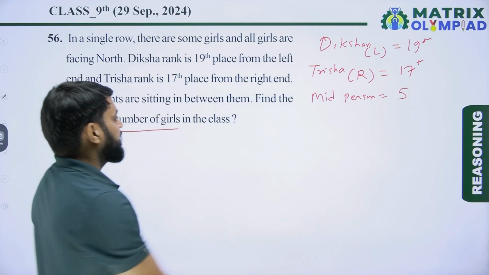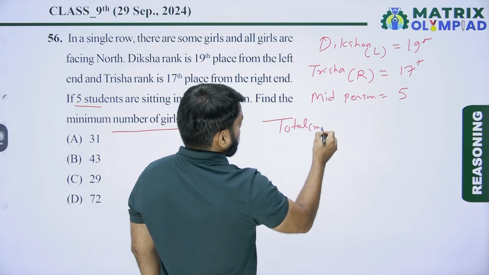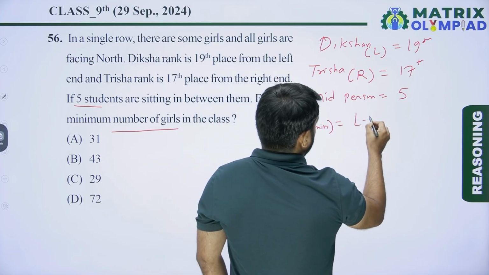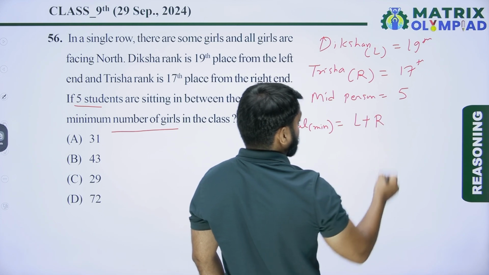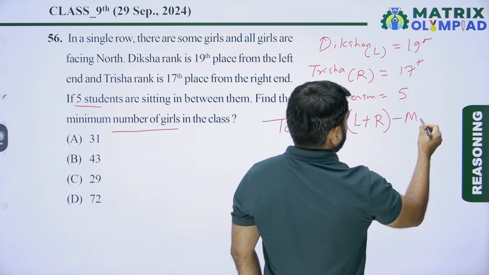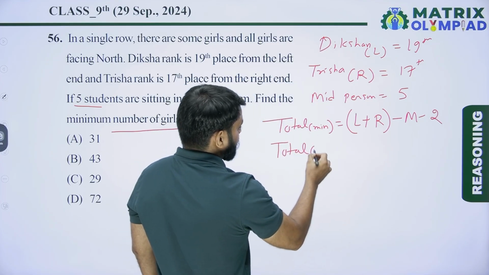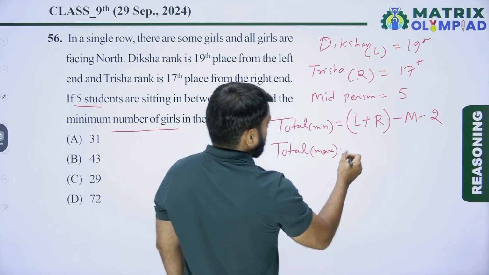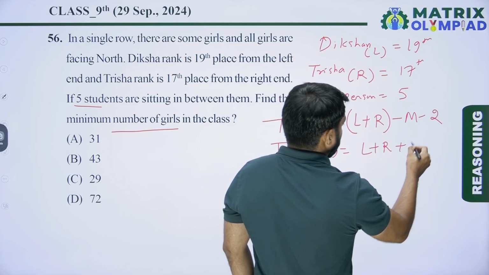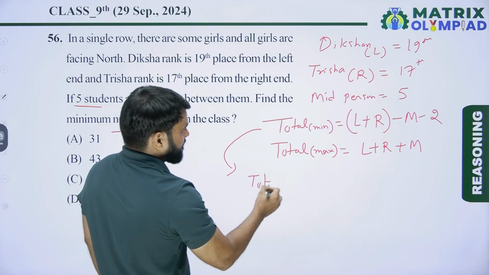Find the total minimum persons. The formula is left position of first person plus right position of the second person minus number of mid persons minus 2, and total maximum persons is equal to left position plus right position plus number of mid persons.